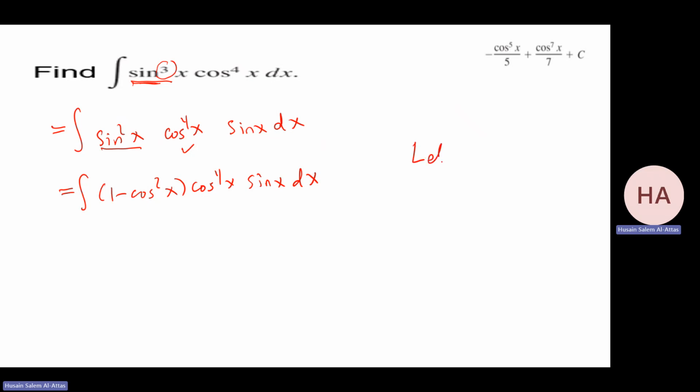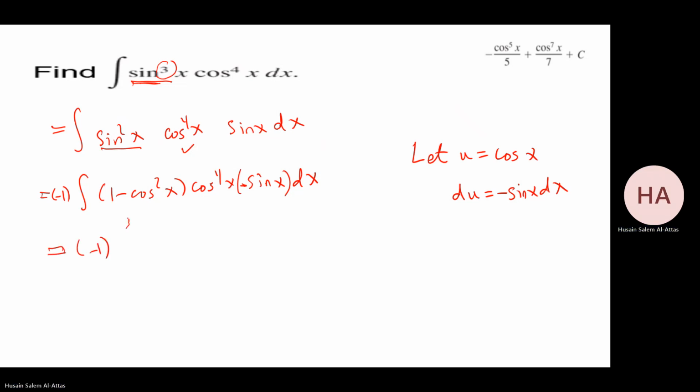Now I let u equal cosine x. du will be what? Minus sine x dx. So I need the minus sign, and I need the minus sign outside also. Okay, so what I have is minus the integral of 1 minus u square, u to the power 4 du.